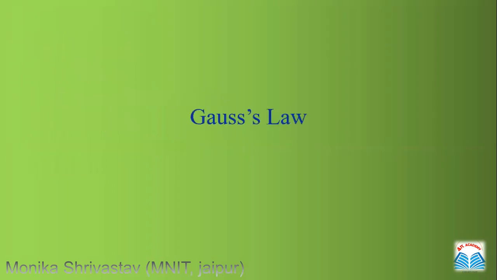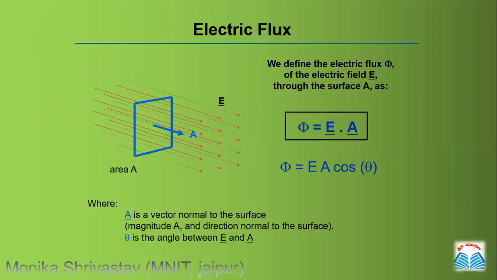Okay, so we'll start with Gauss law. So, guys, now you know about electric flux. We have already discussed this. Electric flux is basically the field lines coming out per unit area.